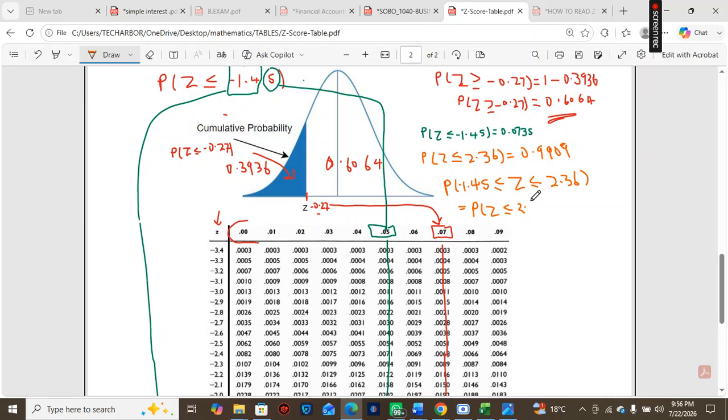You will see which one has the higher probability, and that's the one you bring in front. It's usually the number to the right which has the higher probability. Then minus the probability that Z is less than negative 1.45.